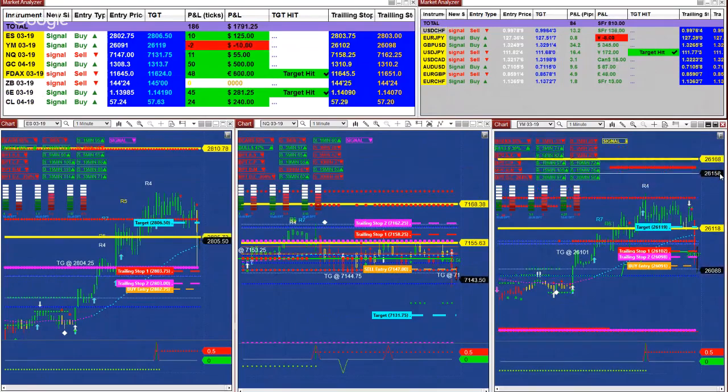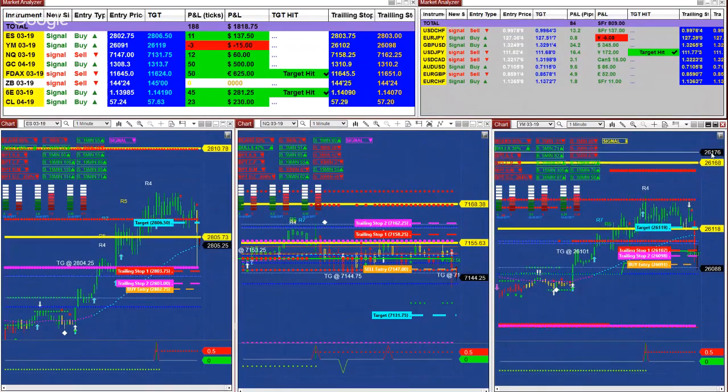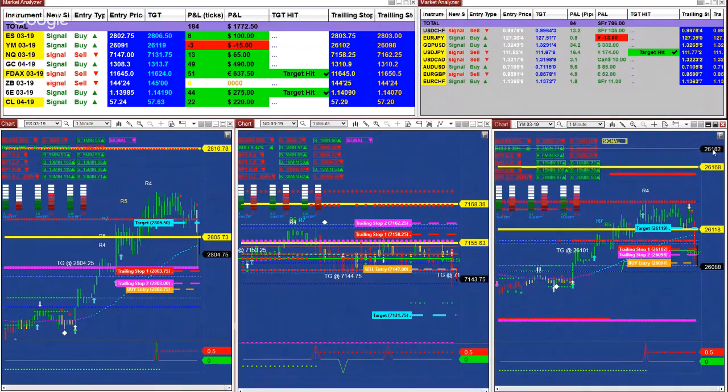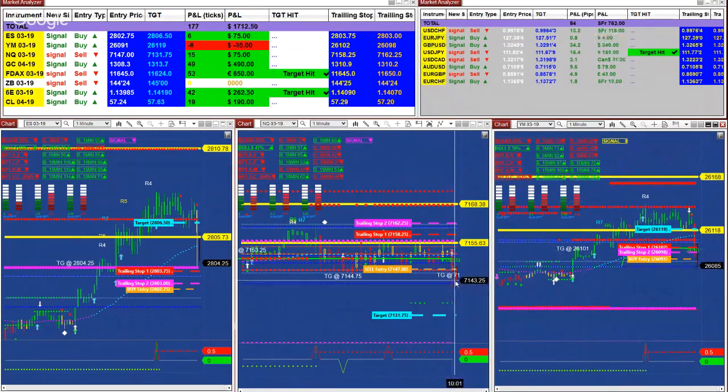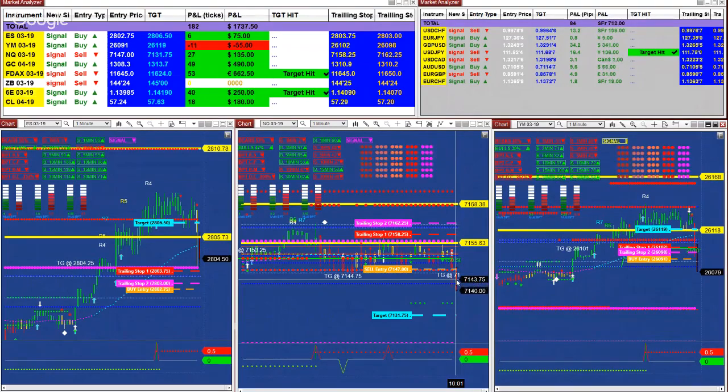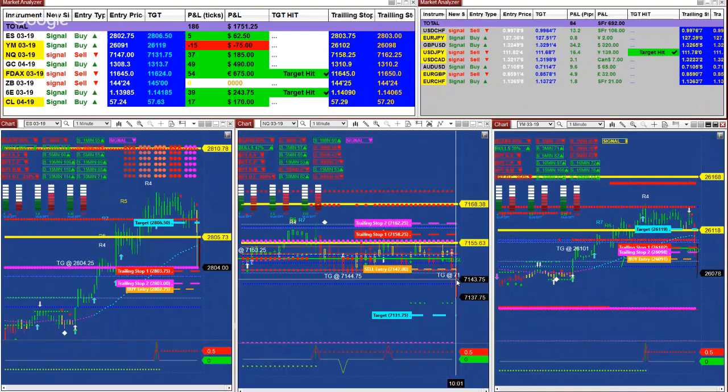And now we are about to have a new signal on the YM and a new signal on the ES. So please be careful. Okay, whoever took that trade, you are in on the Nasdaq, and now we are about to have new trades on the ES and YM.